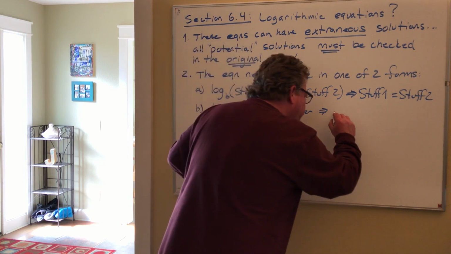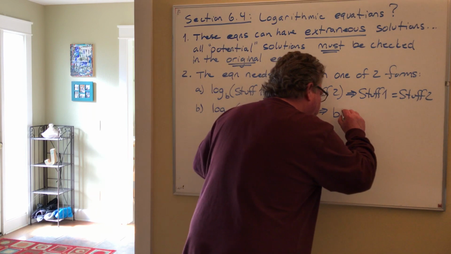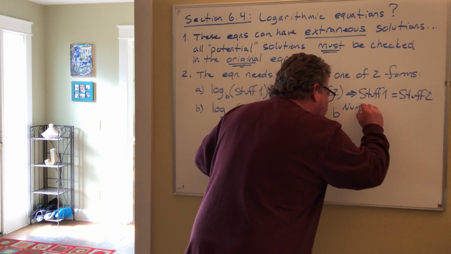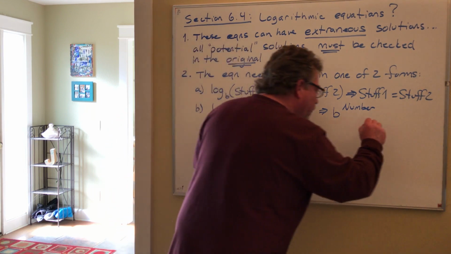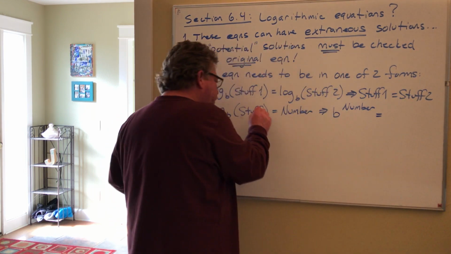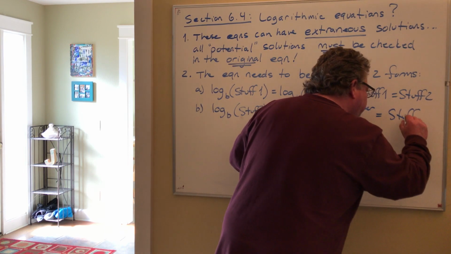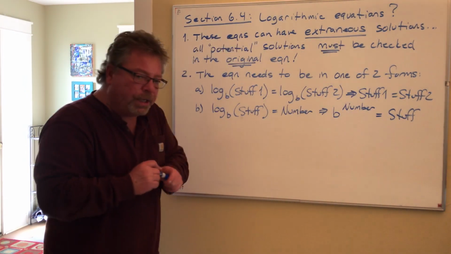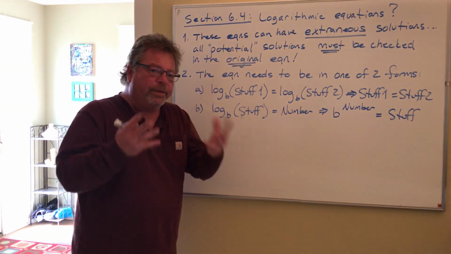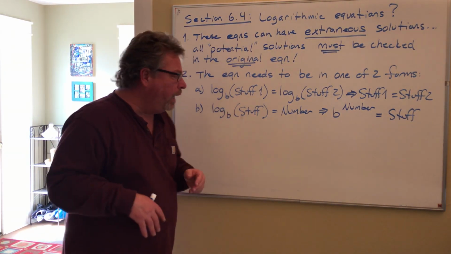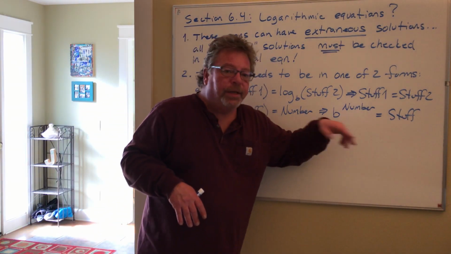So we'll be able to argue that b, the base here, raised to whatever that number is over here, is going to be equal to stuff. And once again, that's going to allow us to move past the logarithm, leave the logarithm behind, and deal with, hopefully, an equation that is simpler.